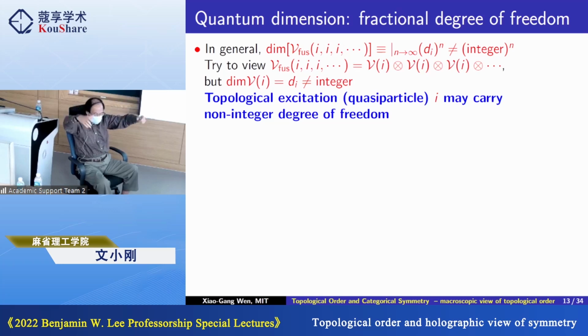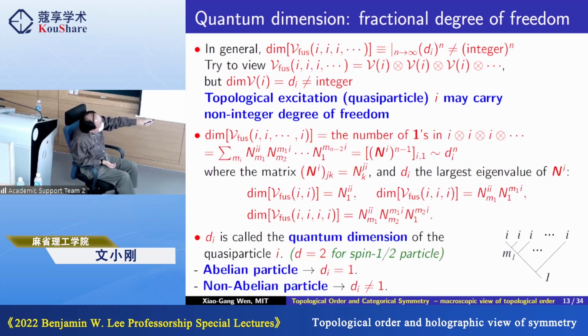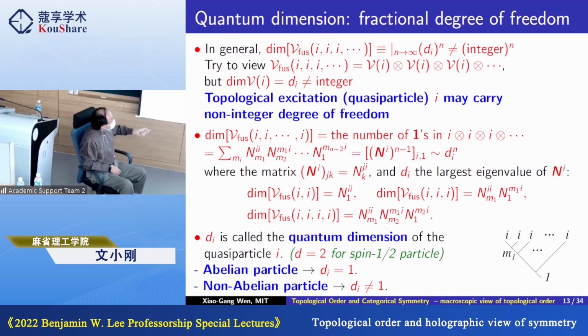Then we compute the dimension of the fusion space of the sphere with n excitations I. That corresponds to how many different ways those I can fuse into the identity. So what is the degenerate subspace with n I's? The answer is how many ways we can fuse n I's to get a trivial space, to get 1.